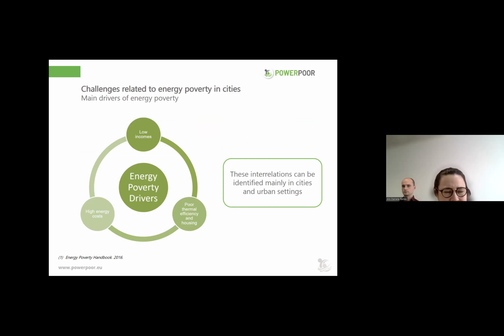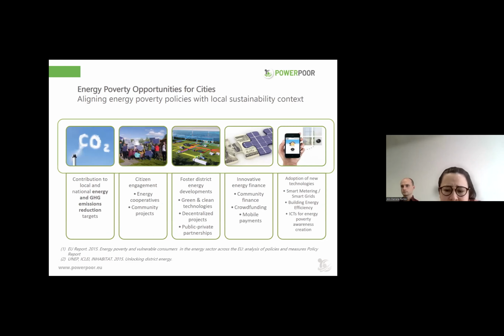So in general, there are inefficiencies that do not allow citizens to have a safe and affordable energy supply. Of course, all these drivers are interrelated, and it's important to understand this from a social perspective too. But also we have to see these challenges as an opportunity, especially now for cities that have to deal with these issues.